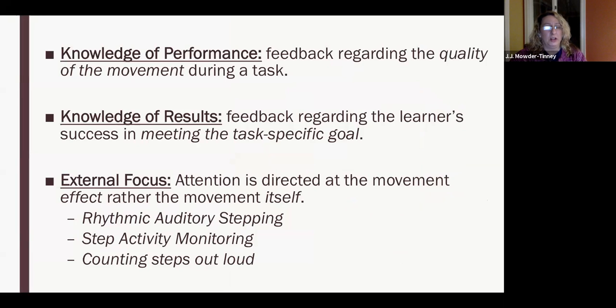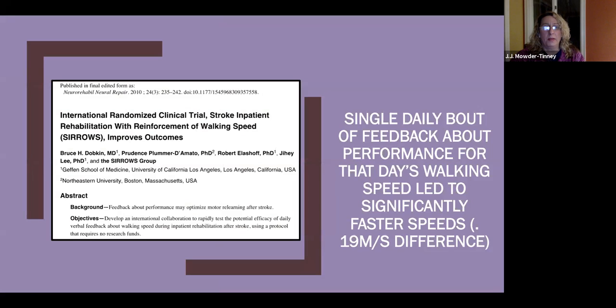I'm not going to read you the definitions, but I did include them. I'm going to focus on knowledge of results and really an external focus. The Ciros article is an article I always show, if any of you have heard me talk before, because it's amazing to me that the only difference in the two groups, because they were matched, was that one group was told how fast they walked for each one of the sessions, and the other group was told nothing about how fast they walked.